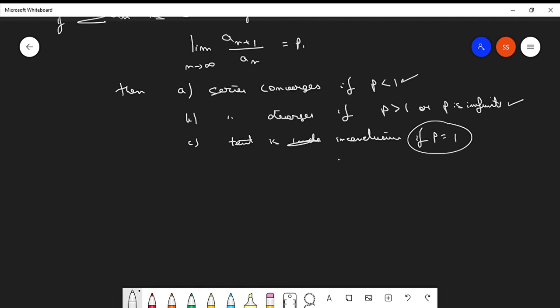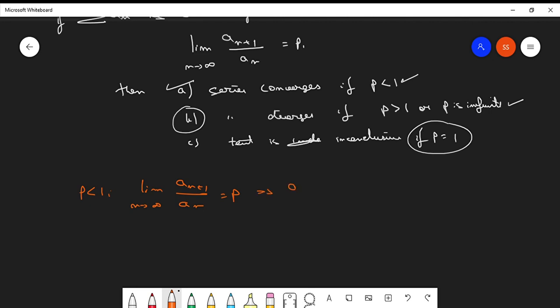We will prove this one, which is kind of a corollary of the proof of point A. See, you are given p less than 1, and you have limit n tends to infinity a_(n+1) over a_n equals p.